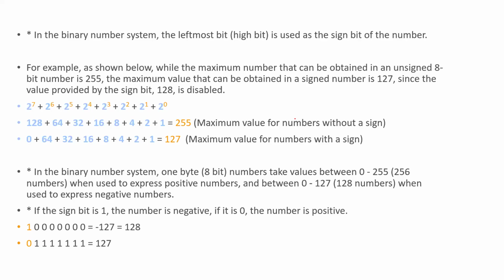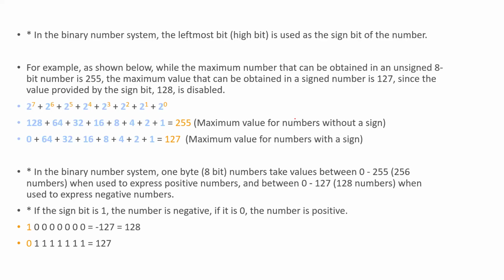But if you are using signed numbers, you have 7 bits, because we are using this MSB as a sign bit in that scenario. So as you see in this part, if all of these bits are 1 in these 8 bits, you will get this result as a decimal value. In this scenario, you're losing this MSB bit.